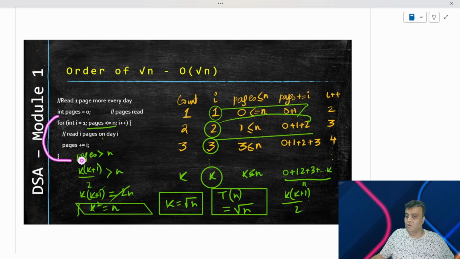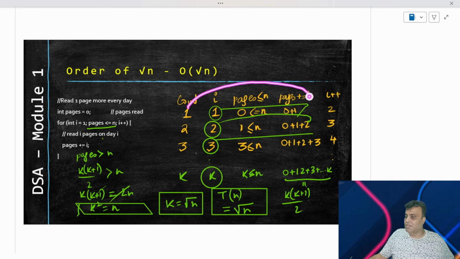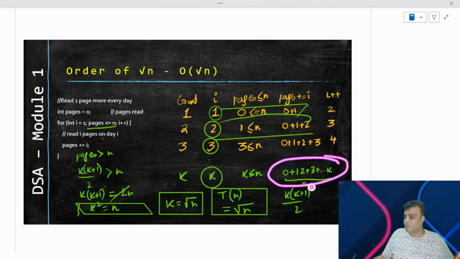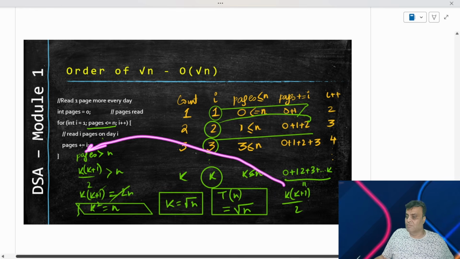All of this complicates judging how many times this will run. Then do a dry run like this. In the dry run, try to find a correlation between the iteration and the number of times it is actually running. Now stop it at an arbitrary iteration, which is k, and try to figure out the correlated formula. From that correlated formula, create the general formula, and put that general formula in the exit condition, right?